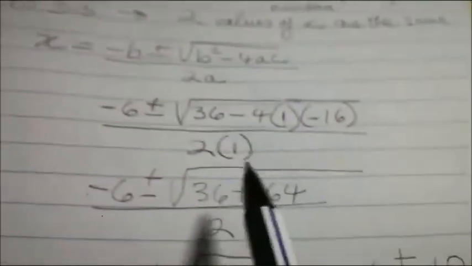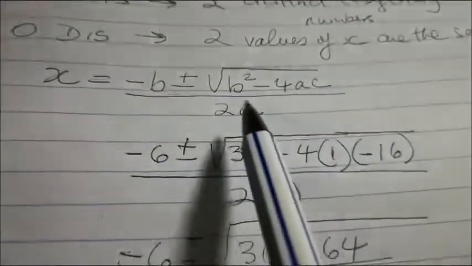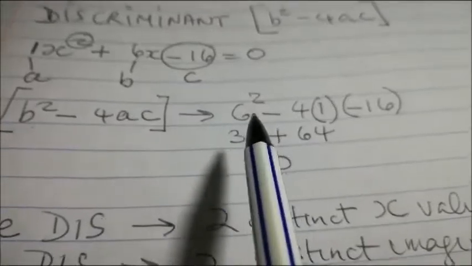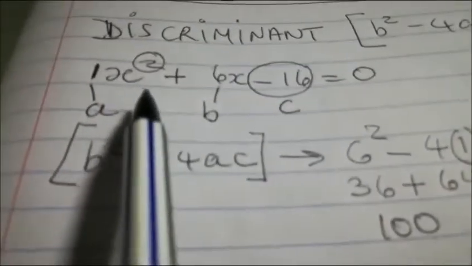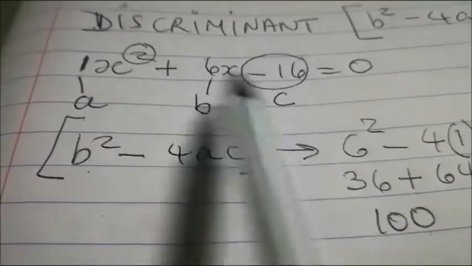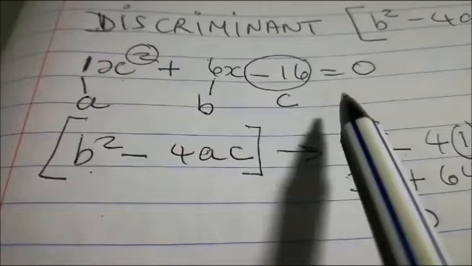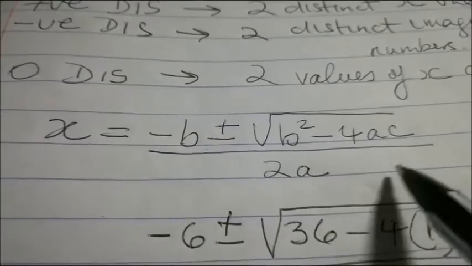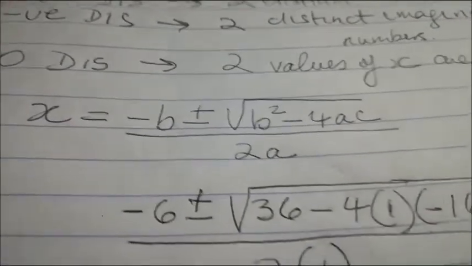Remember now, one of the reasons why we use the quadratic formula is when the equation cannot be factorized. When this equation is difficult to factorize, you either use completing the square or you use the quadratic formula, and you derive your answer.